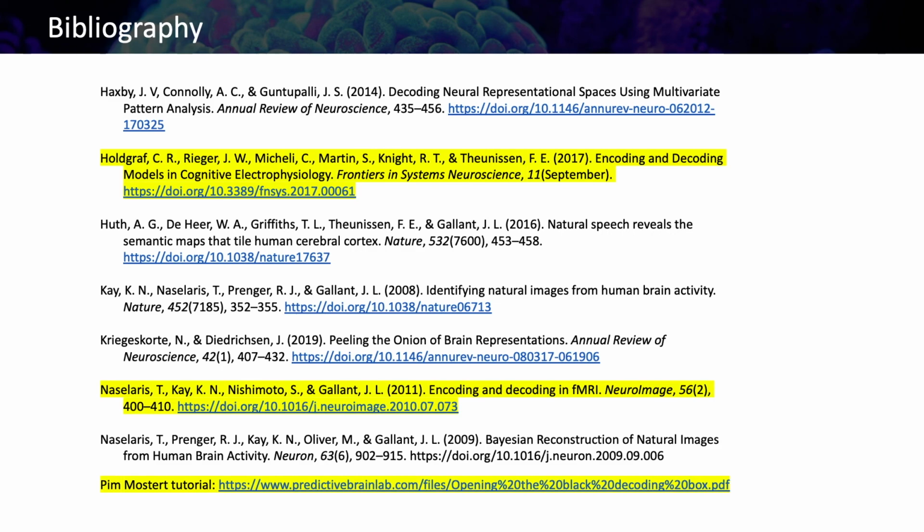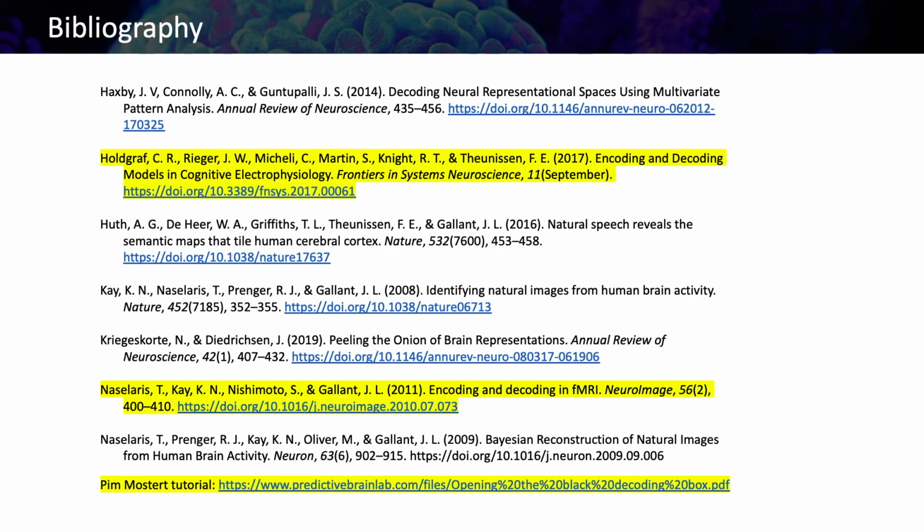So it's not only theory, but you also have some practice to do, applied to language. Then this other paper from Naselaris is also very interesting and simple to understand, and is more about the conceptual contents of the forward encoding models and what their advantages are.